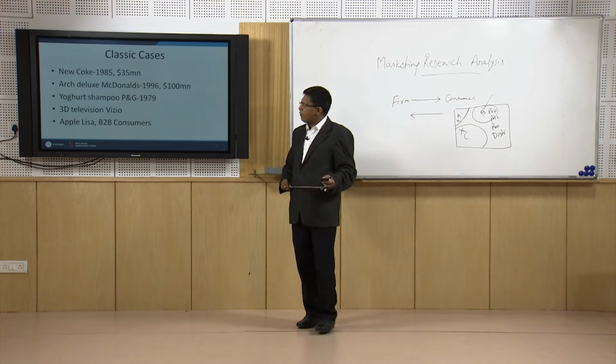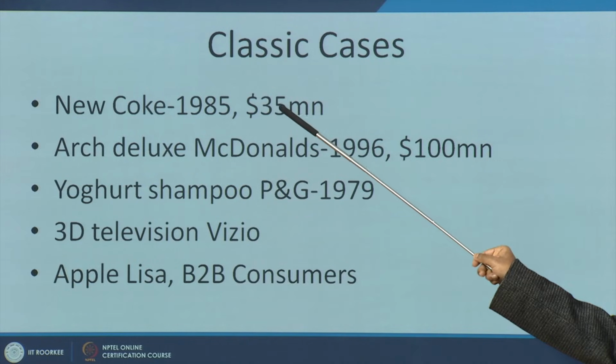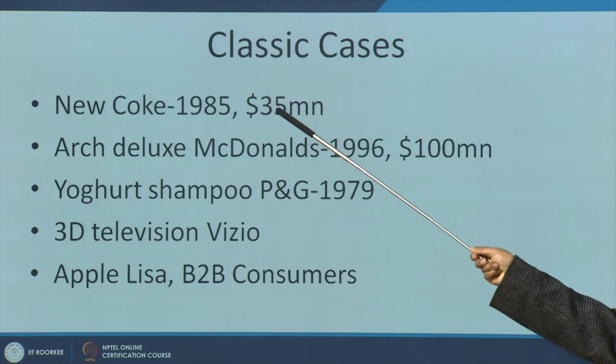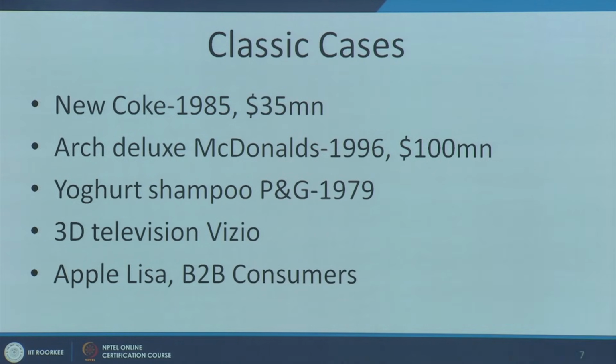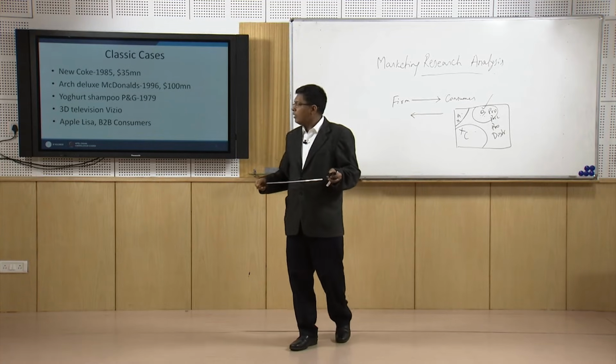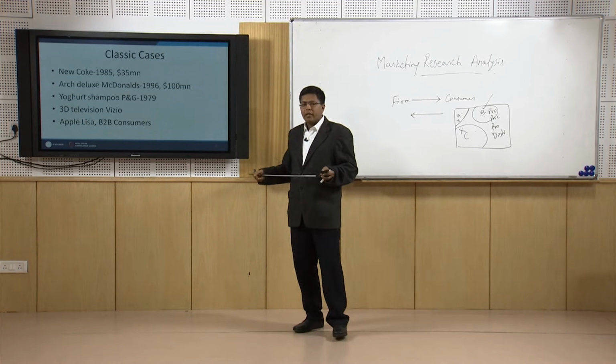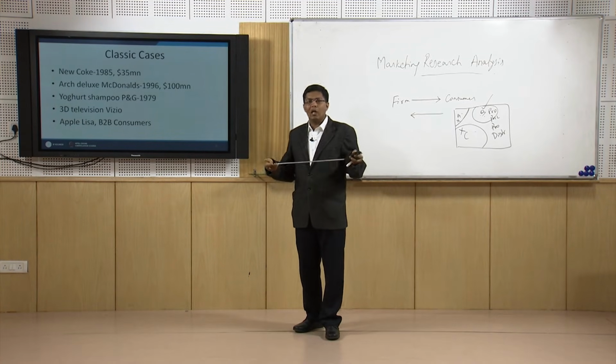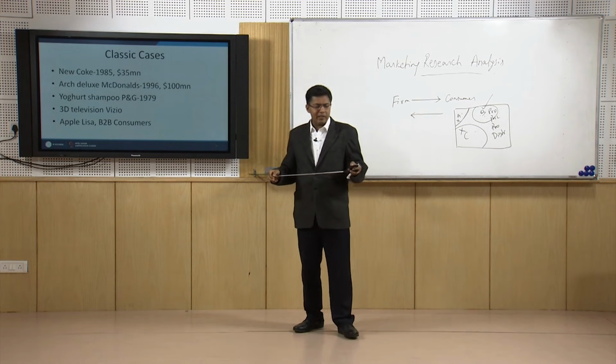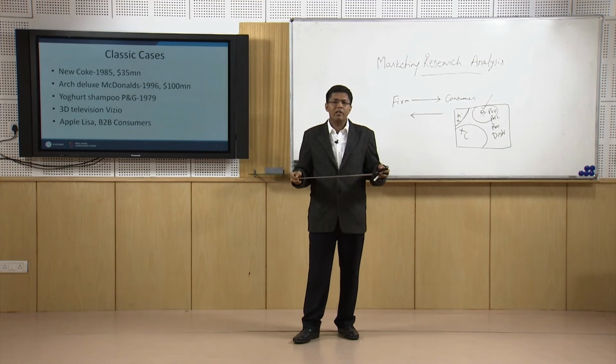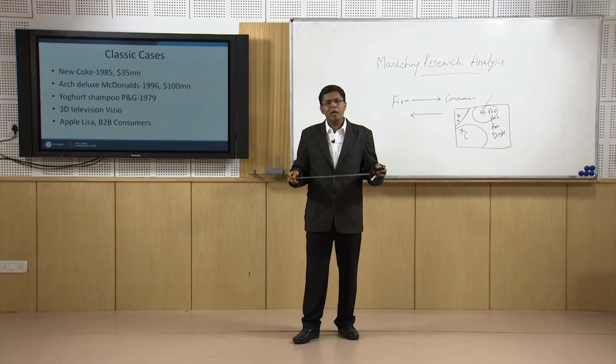The first one is a very powerful, very important case where, because of a wrong interpretation of the market and the consumers, Coca-Cola burnt its fingers. Coca-Cola came up with the concept of the new cola. They thought that since taste was not a very important feature, they could come up with something new for the consumers.